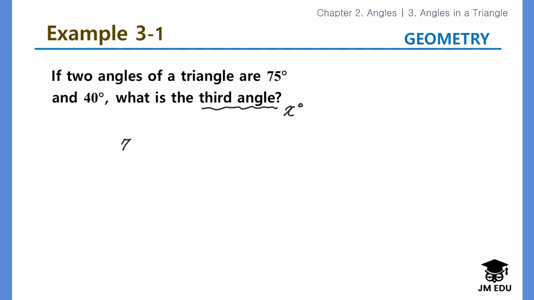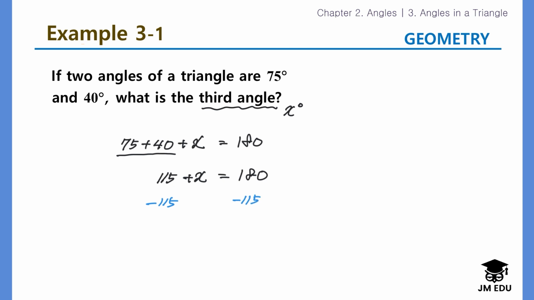So 75 plus 40 plus x has to be equal to 180. 75 plus 40, that's 115. So 115 plus x is equal to 180. So subtract 115 from each side, right? So the third angle x is equal to 65 degrees.